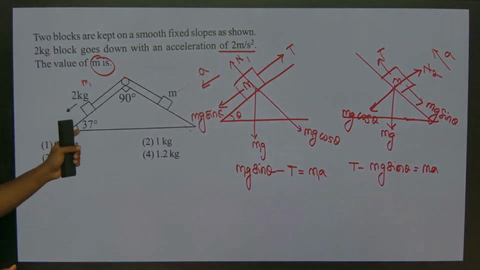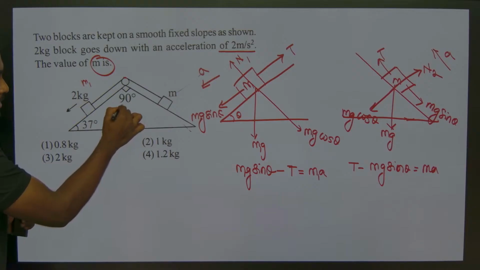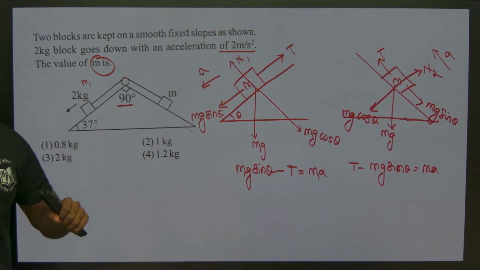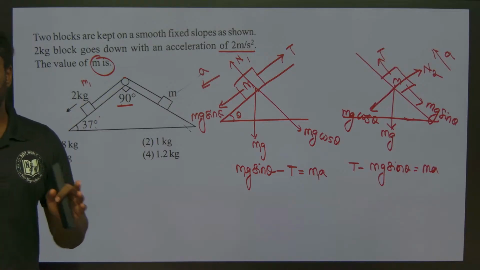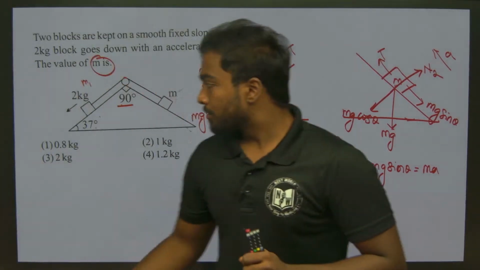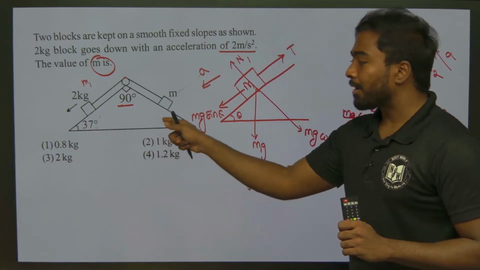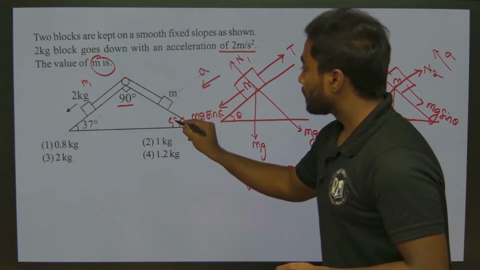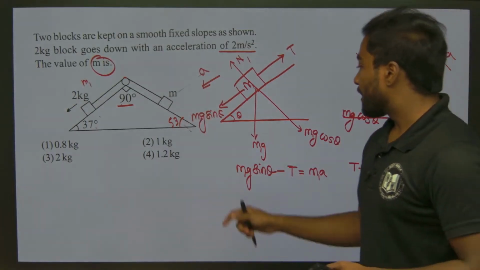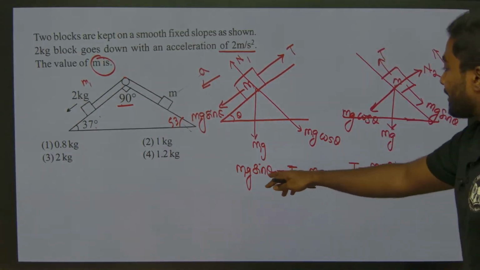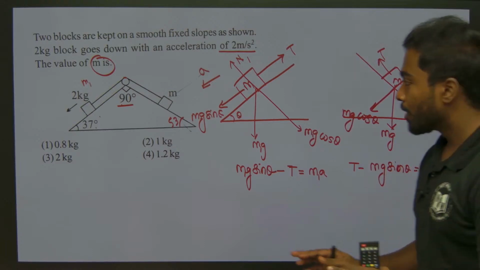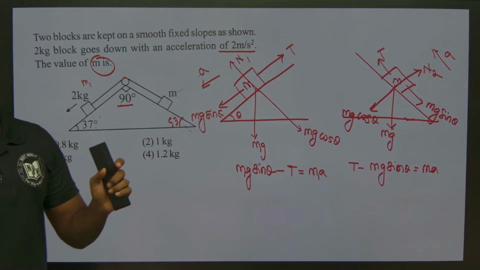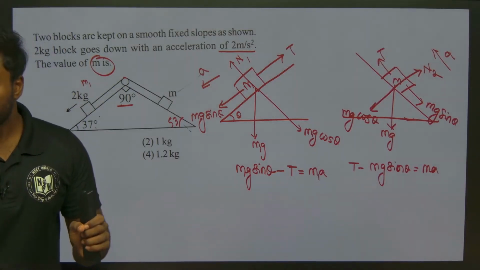Here this angle they have given us 90, this one they have given us 37. What about this one? Sum of angles of a triangle is 180. So one is 90, one is 37, the remaining will be 53. Now they are asking for sin 37 and sin 53. To find sin 37, sin 53, what is the method we have come across?